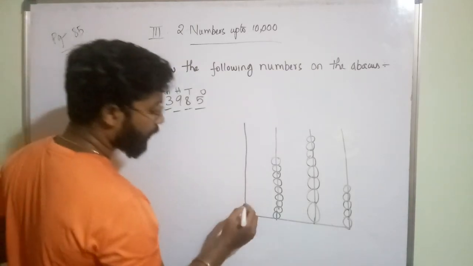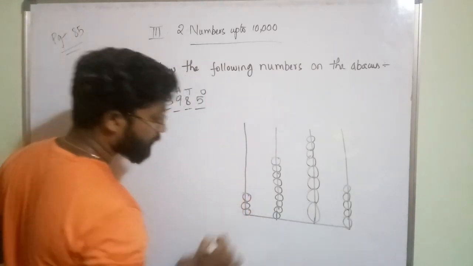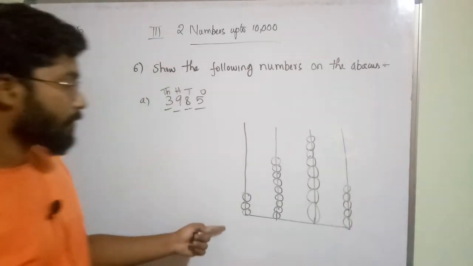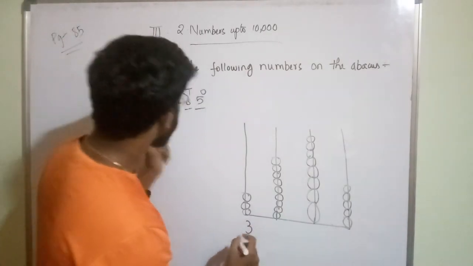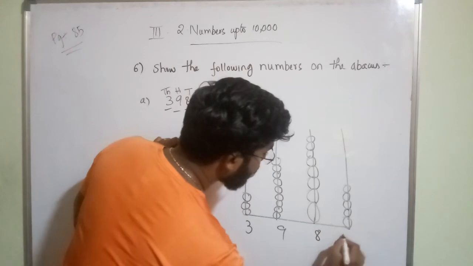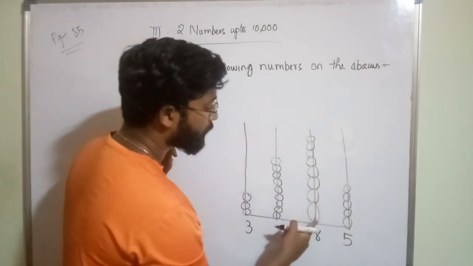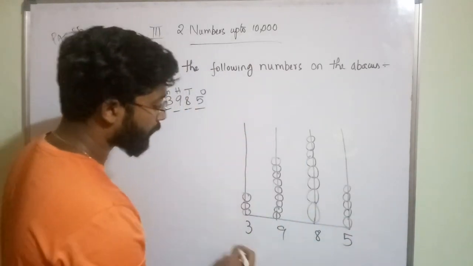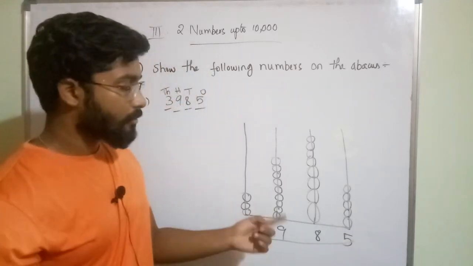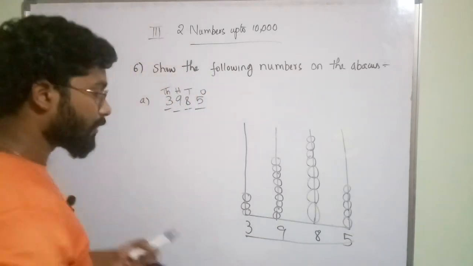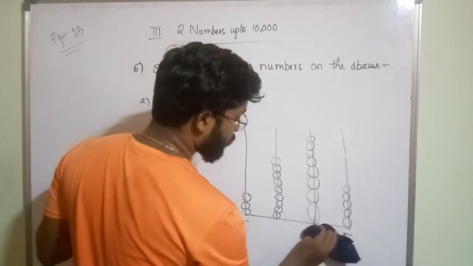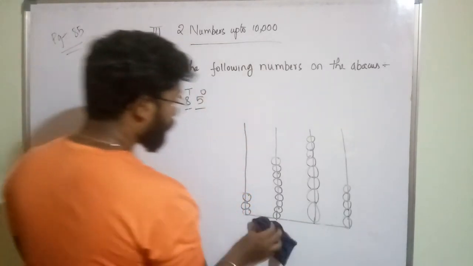So in thousands rod I have to draw 3 beads. So this is the number, 3, 9, 8, 5. Clear? Like that, you should not write the number. You have to just draw the beads. Okay? Clear? So next number.